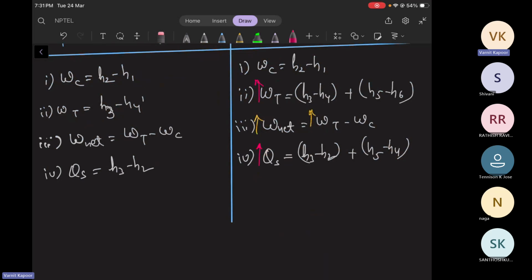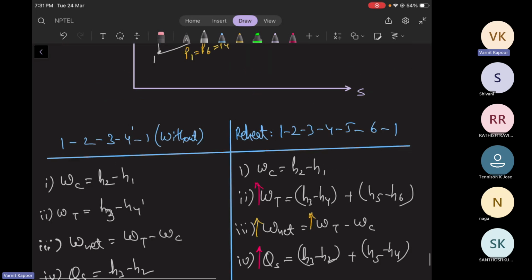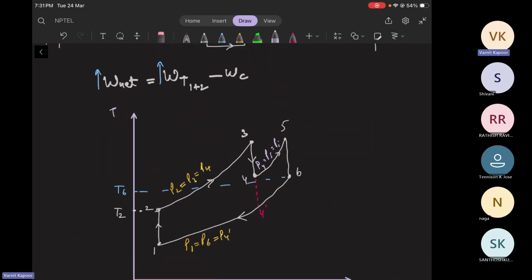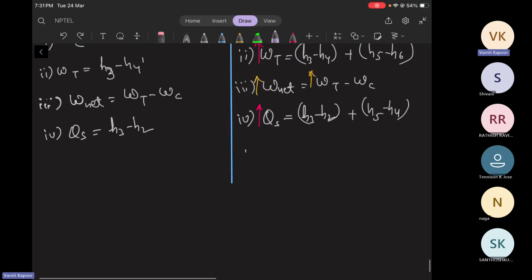So we can write that for those 4 special terms. Again, we can say that mean temperature of heat addition has been increased. Earlier, the mean temperature was from this to this. Now it is from this to this plus this to this also. So if you take the mean for all the 4, divide by 4, it will be a higher value. So mean temperature of heat addition has increased.